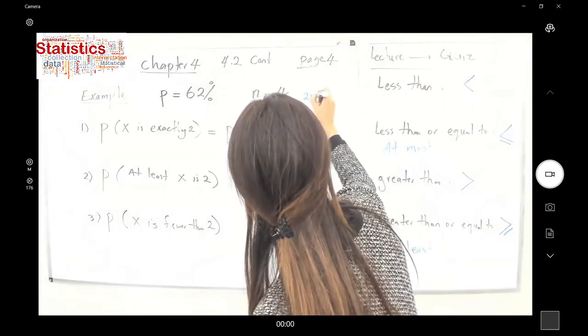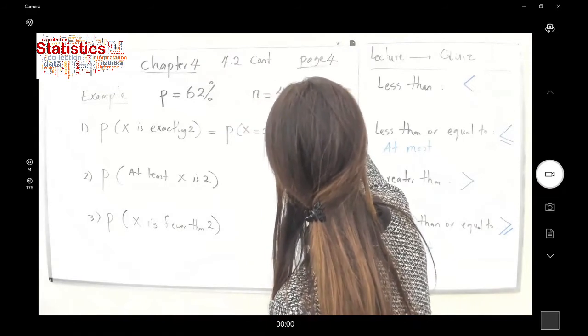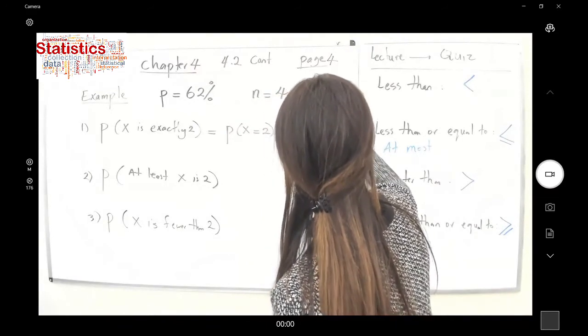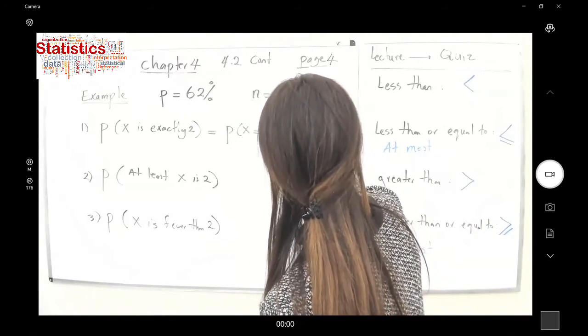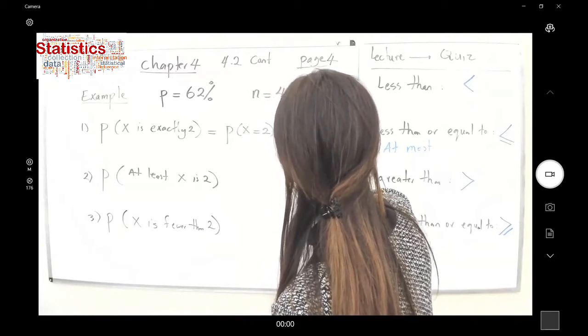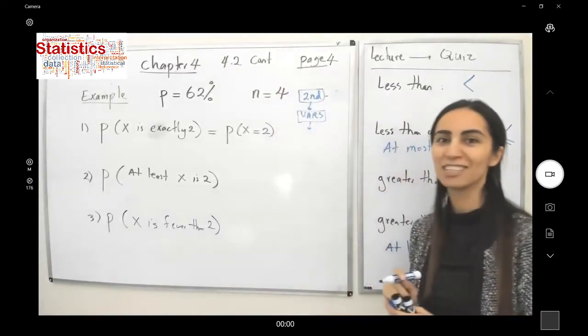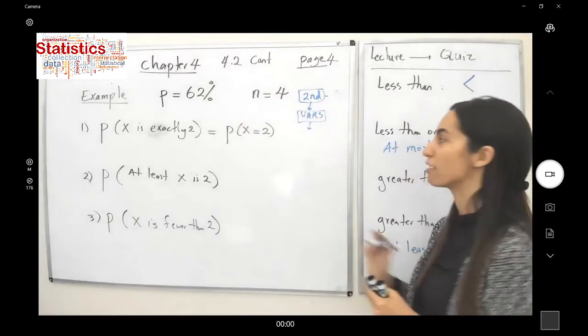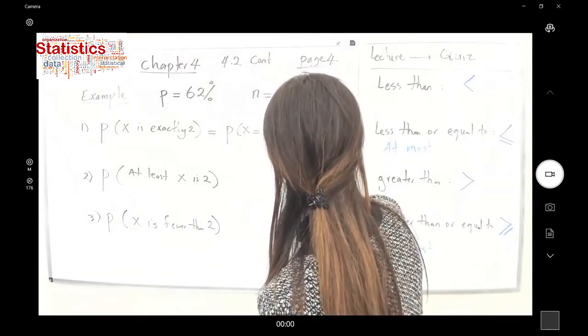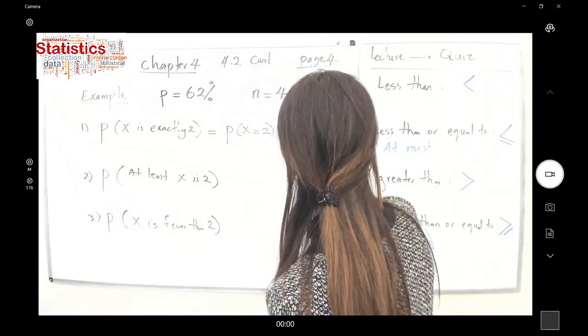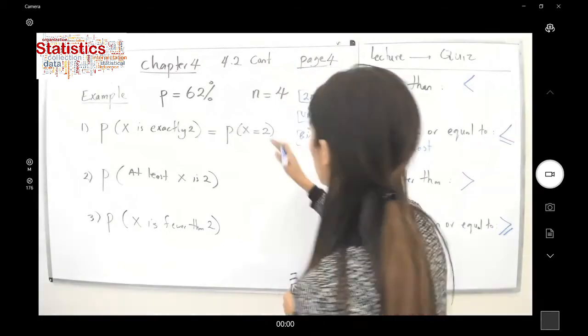Go to second, vars, binomial PDF. Binomial PDF. And find the probability here.